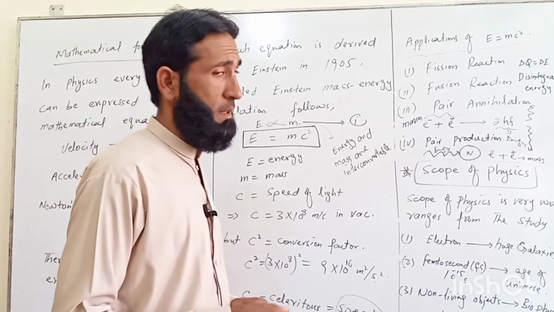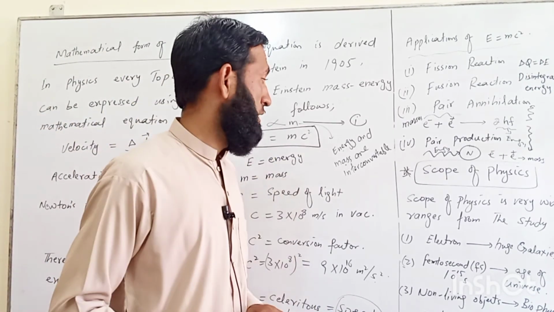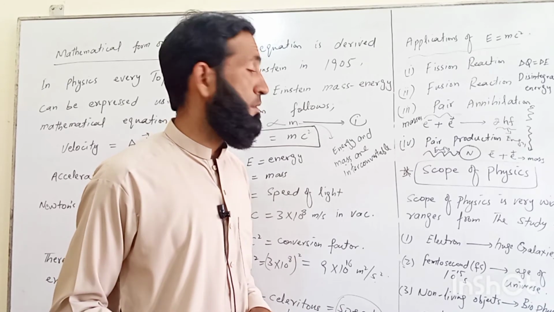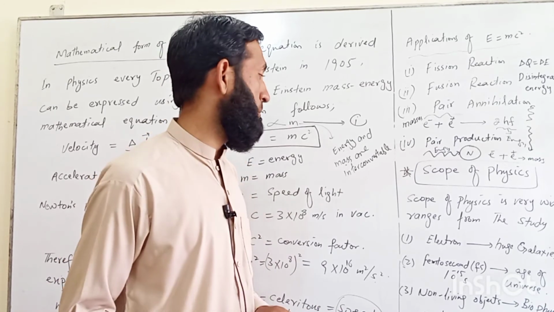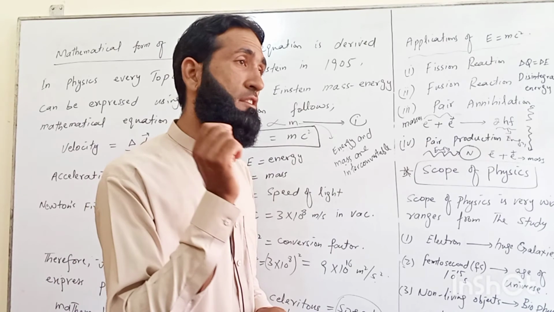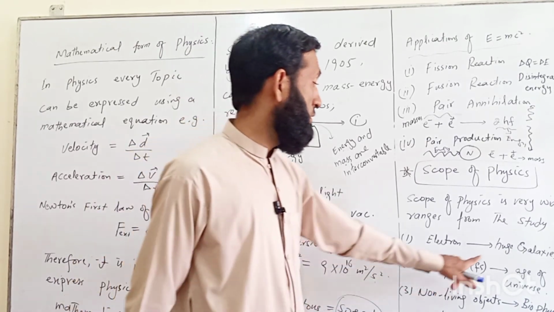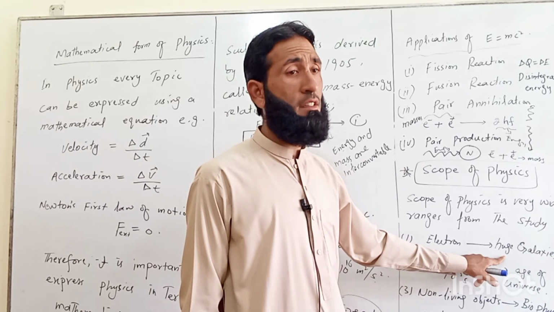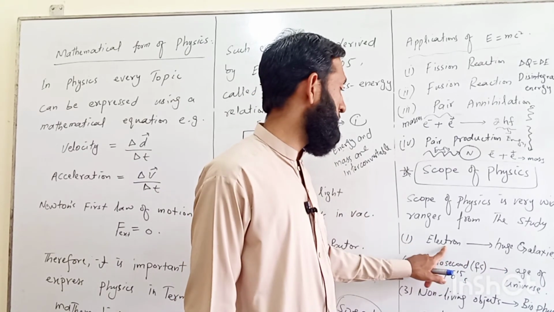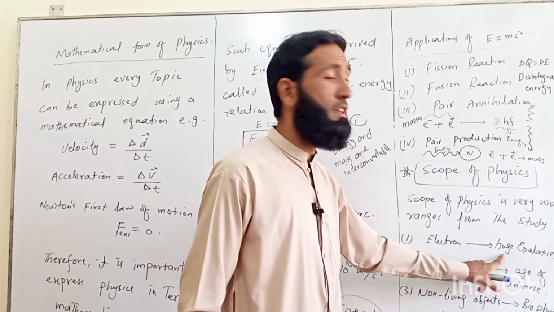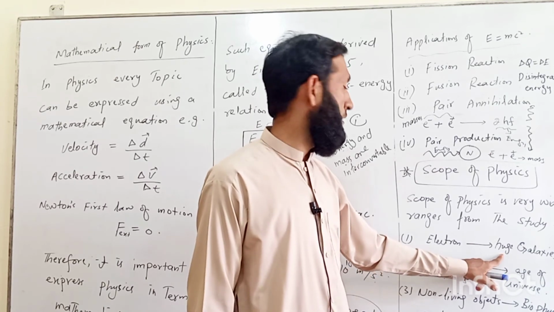Now, what is the scope of physics? Why do we need to study physics? The scope of physics is very wide. It ranges from very tenuous subatomic particles, that is the electron, to huge galaxies. We can study the properties of the electron using physics as well as the properties of huge galaxies.